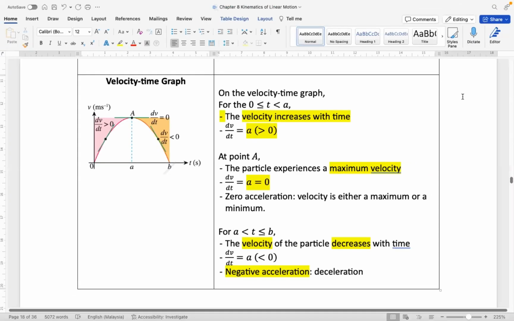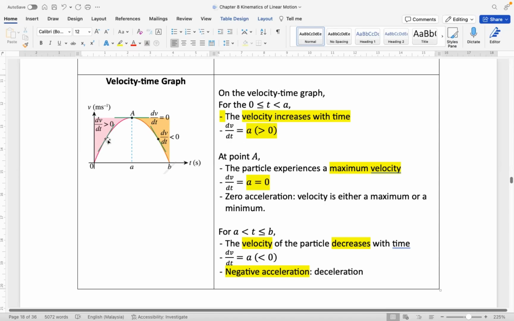Next, let's check another type of velocity-time graph. Let's say we have a velocity-time graph in the shape of a parabola. Let's analyze one by one. First of all, when t is between 0 and a, we notice that velocity increases with time. The y coordinate is velocity, and following the curve here, we notice that the y coordinate increases. That means velocity increases with time.